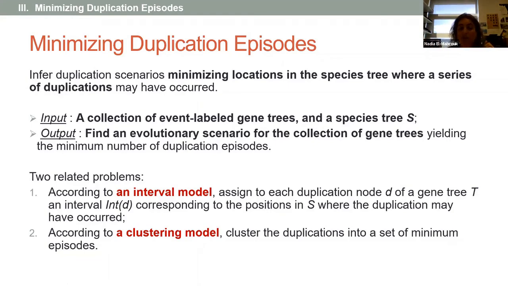According to an interval model, we have to assign to each duplication node of the gene tree an interval corresponding to the position in the species tree where the duplication may have occurred. And then according to a clustering model, we have to cluster the duplications into a set of minimum episodes.